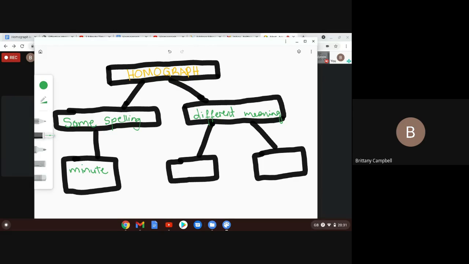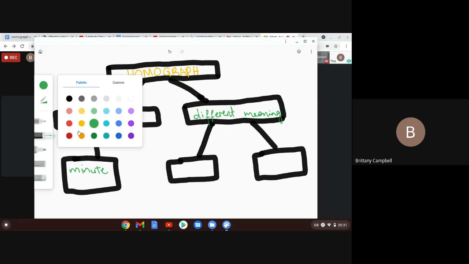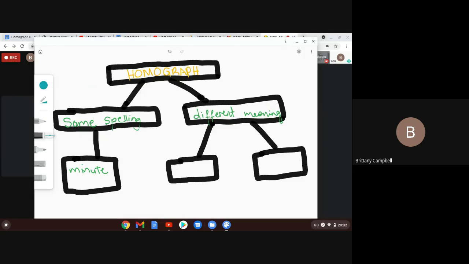All right, so minute, one meaning could be tiny. And another meaning would be in terms of time. So we could say unit of time.